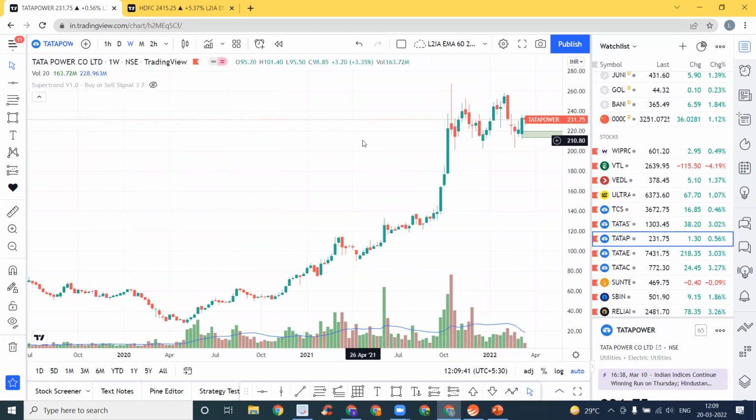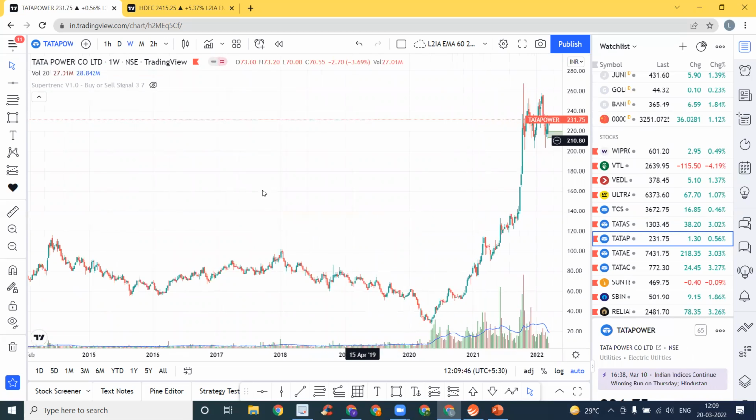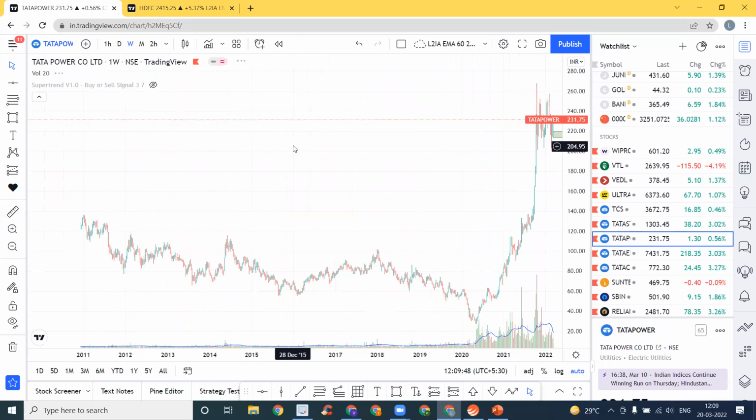Right. Now see this Tata Power. This stock was moving... in fact, one of the reasons I sold off 600 stocks was because of this.